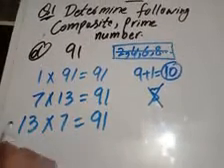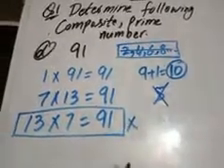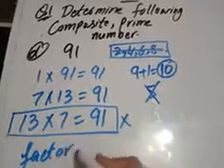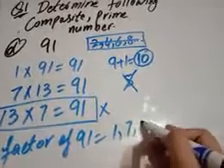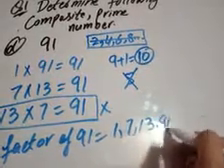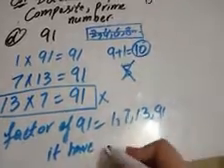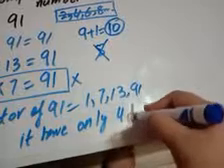As we know the factor is repeated, so now stop making further factors. We write here the factors of 91 are 1, 7, 13 and 91. It has only 4 different factors.